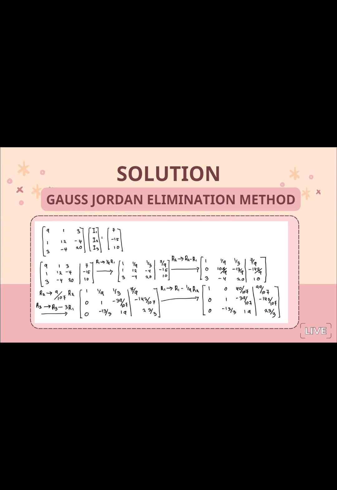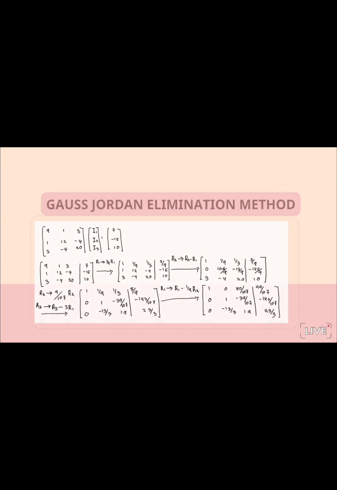And then we subtract the first row from the second row. Next, we multiply the second row by 9 over 107 and subtract 3 times the first row from the third row. After that, we subtract 1 over 9 of the second row from the first row.